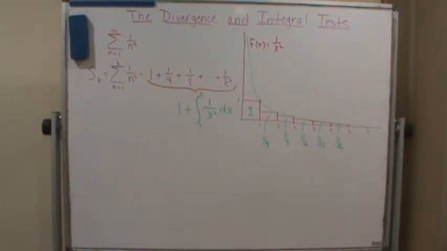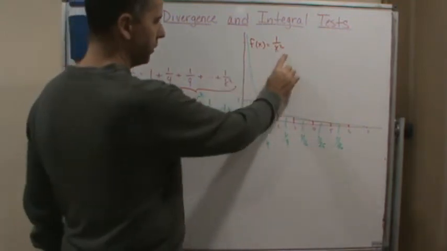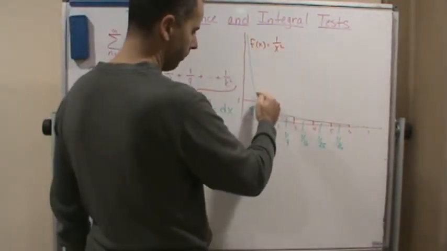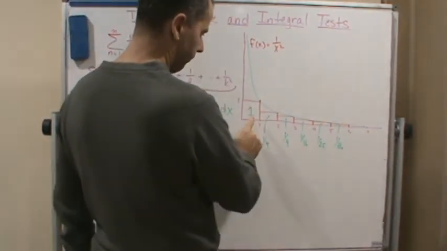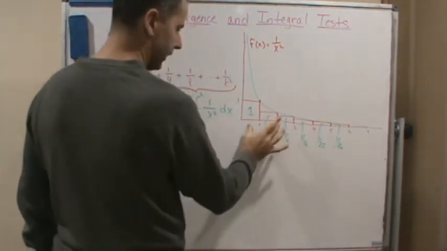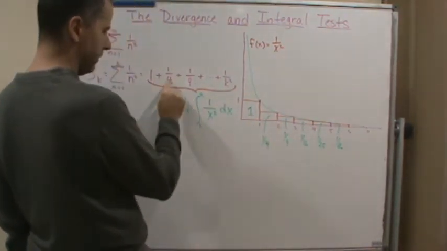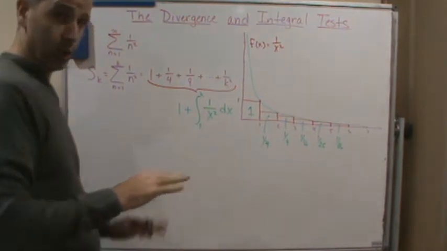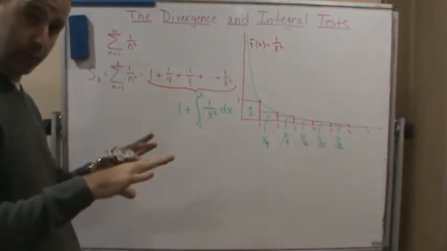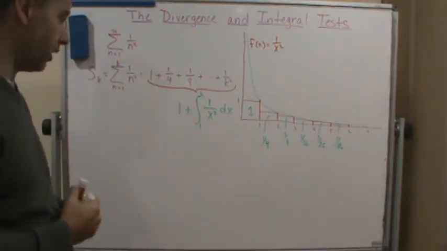Okay, so now we've got these results. Notice that the graph of the function 1 over x squared is above the areas of these rectangles, and the areas again represent the terms. So we're comparing the areas of rectangles with the area under the smooth curve.